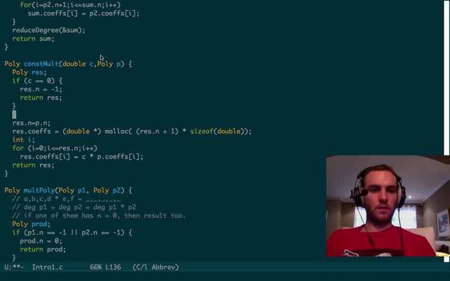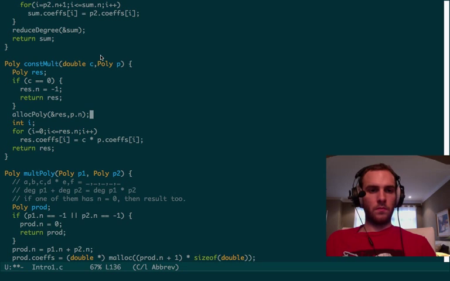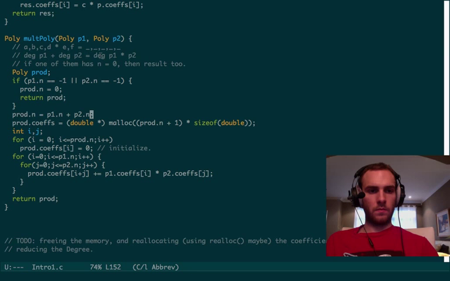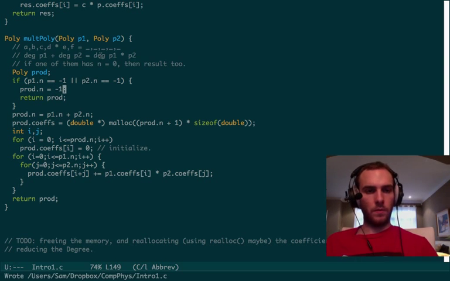See these two lines. This one, oh, got minus 1.